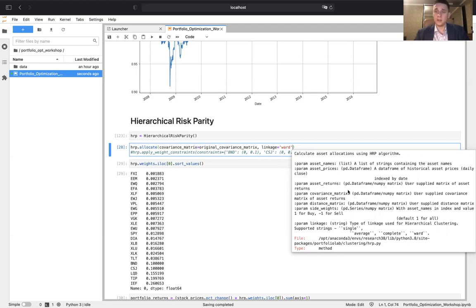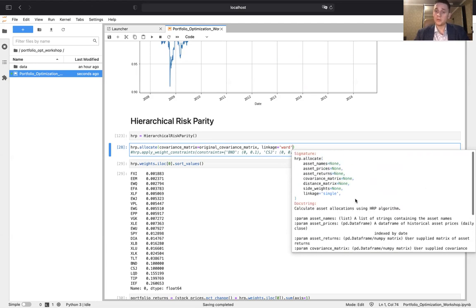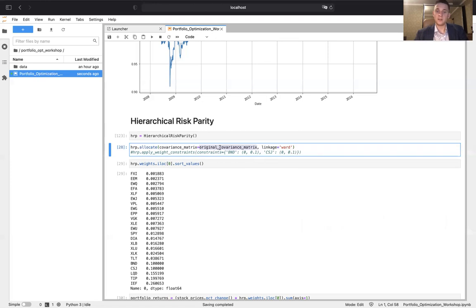But actually, we will take a look at how to play around with various distance matrices used as inputs for HRP and how to input nonlinear dependence matrices as input to hierarchical risk parity. But now let's start with the simple allocate function from hierarchical risk parity, which basically applies to the covariance matrix and the linkage method of ward.